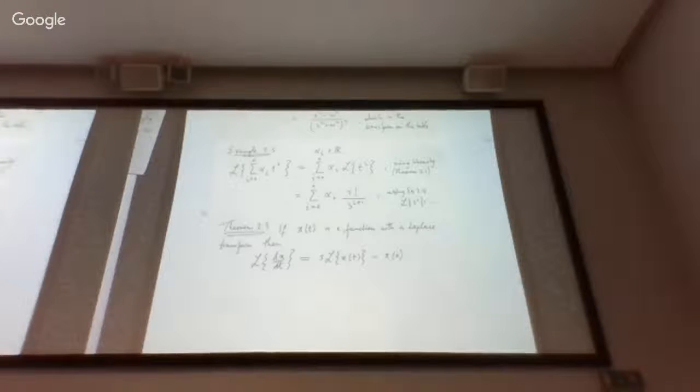But this property shows you, and by extension, by iterating it to higher derivatives, shows you that the transform of the derivative is very clearly related to the transform of the original function. So you don't get a bunch of different functions. You just get a bunch of multiples of the one function.